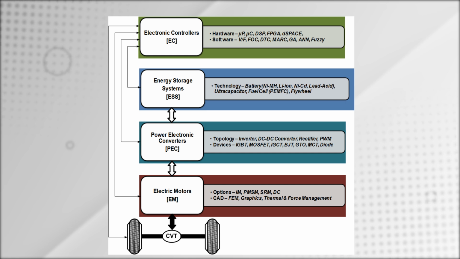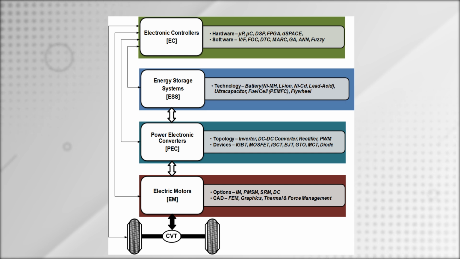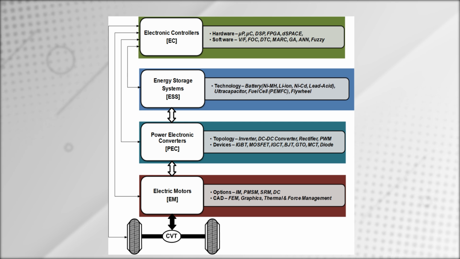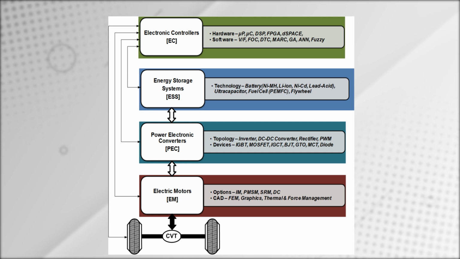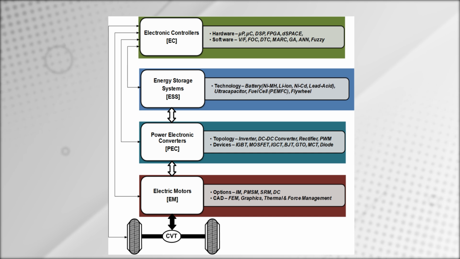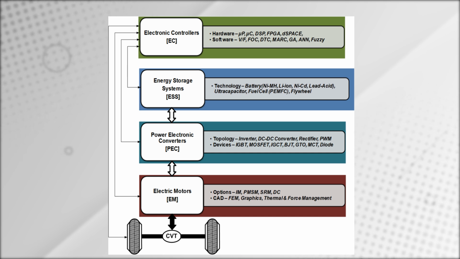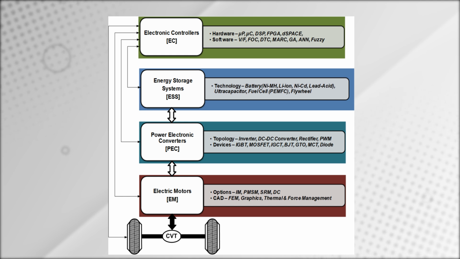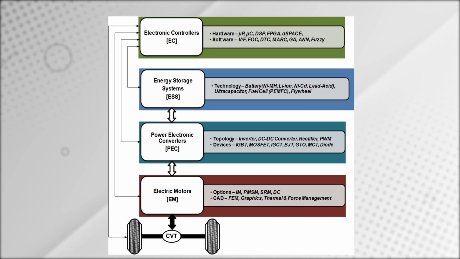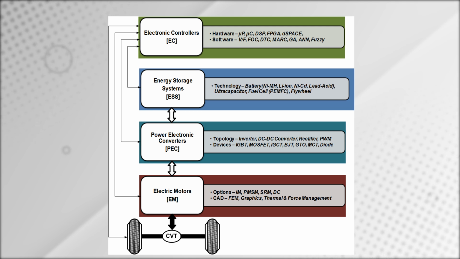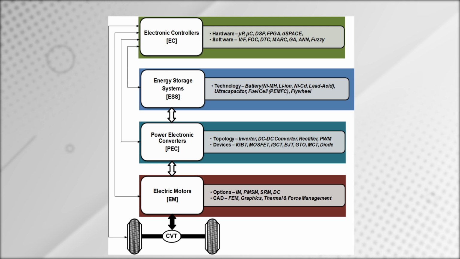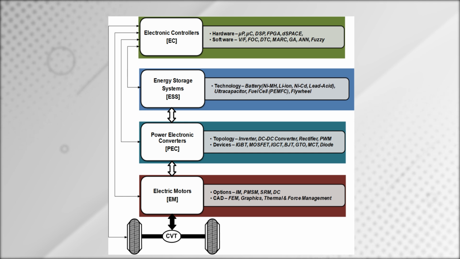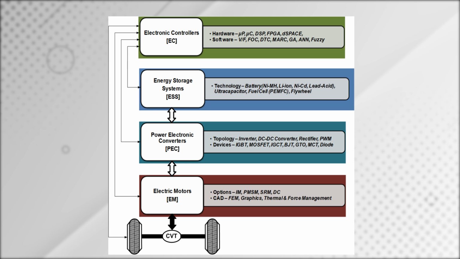Another important component of the electric propulsion system is the power electronics converter. If you categorize the power electronics converters in terms of topology, the available topologies are DC to AC converter, which is an inverter, AC to DC converter, which is a rectifier, and DC to DC converter. These are the three major power electronics converters used for vehicular electrification, or used in the electric propulsion system.